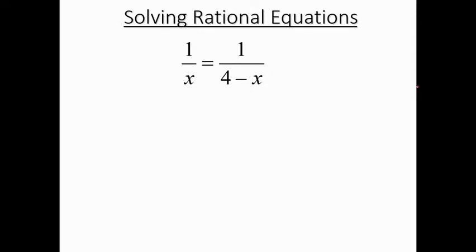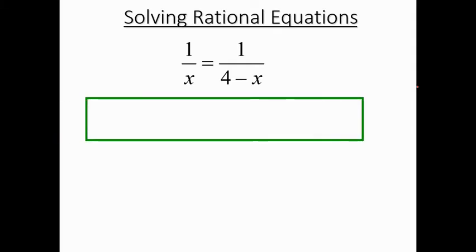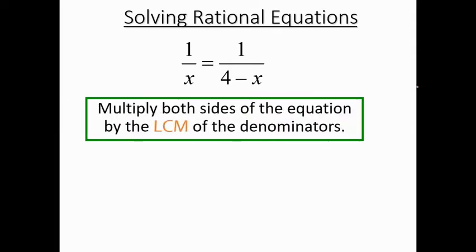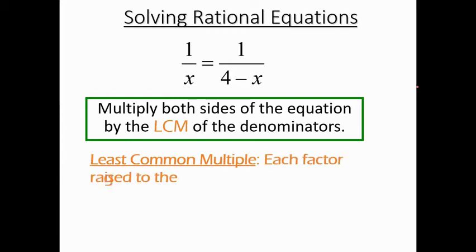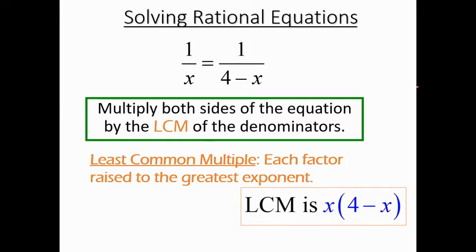Let's take a look at this. We have 1 over x is equal to 1 over 4 minus x. What is our LCM? The least common multiple. In this case, it is the x and the 4 minus x.